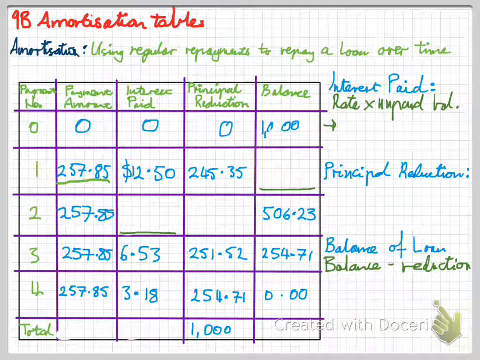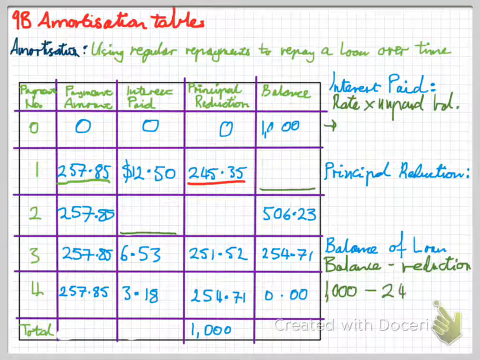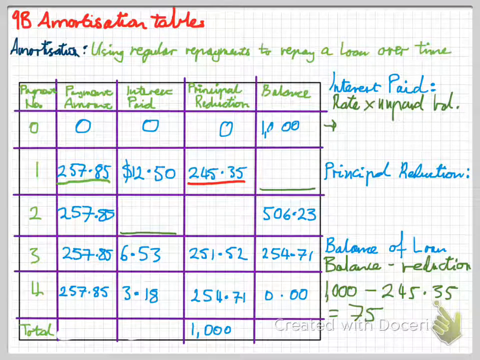Okay, so we would have 1,000 was our initial balance. You can see that the reductions in the loan there are 245.35. So our equation becomes 1,000 take 245.35, and that all equals 754 and 65 cents.